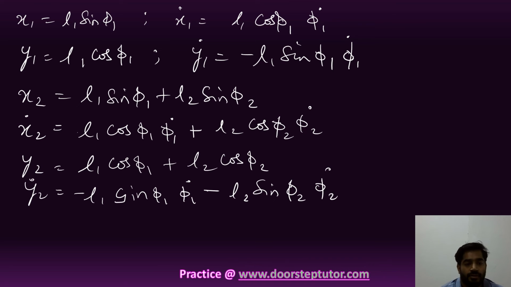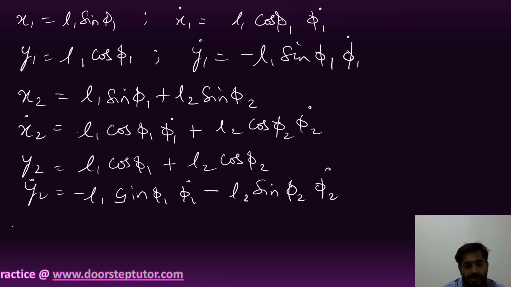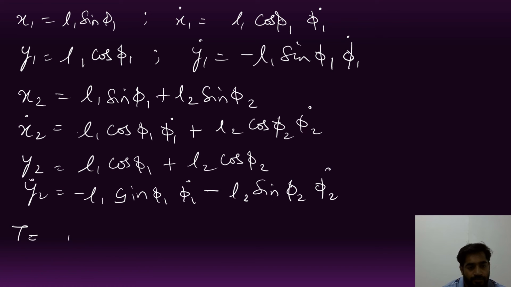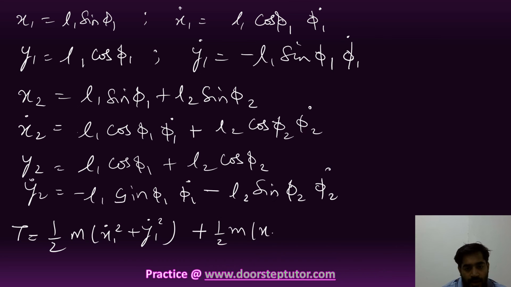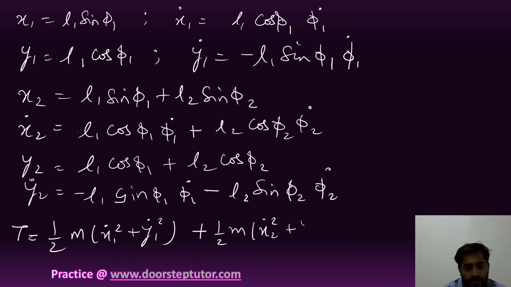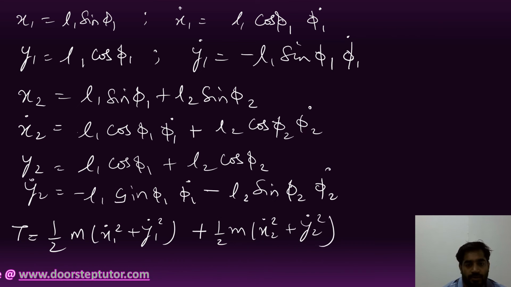Now just put the values in the kinetic energy, which was half m1 times x1 dot square plus y1 dot square, plus half m2 times x2 dot square plus y2 dot square.